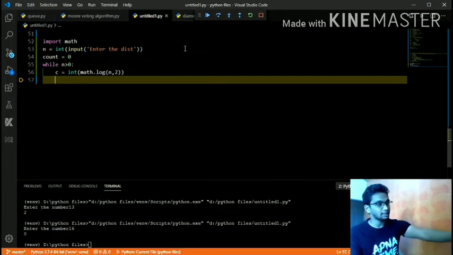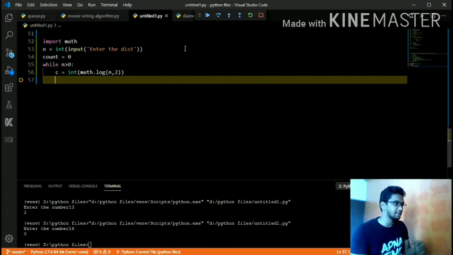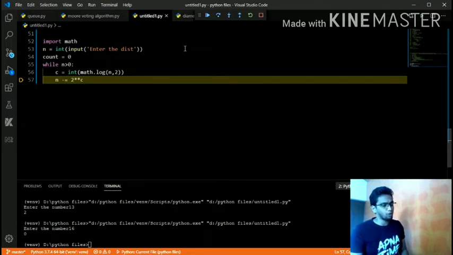Now let me assume that here n is 8. So log 8 base 2 is 3, so c is equal to 3 for now according to my example. Now I have to remove that much amount of distance from n, right? I'm going to do n minus equal to 2 power c. Why 2 power c?